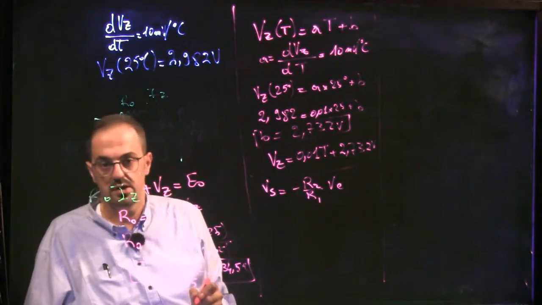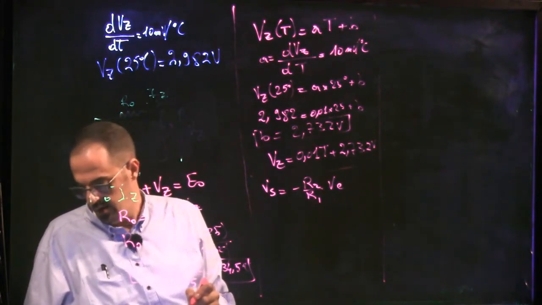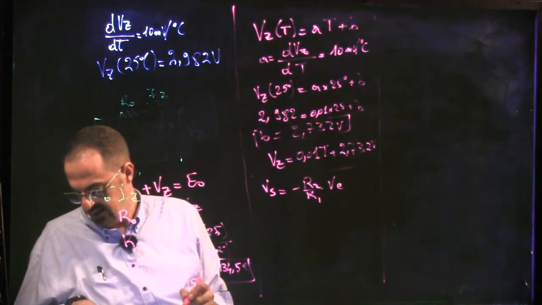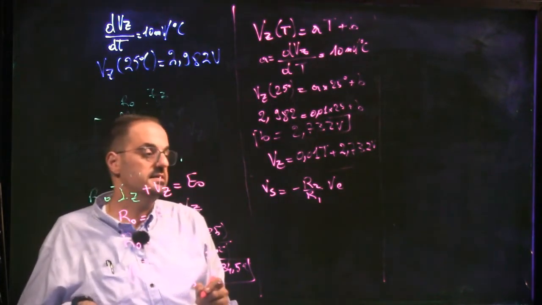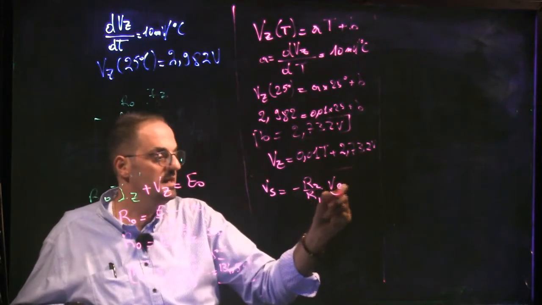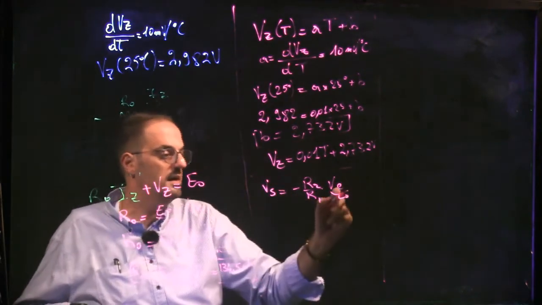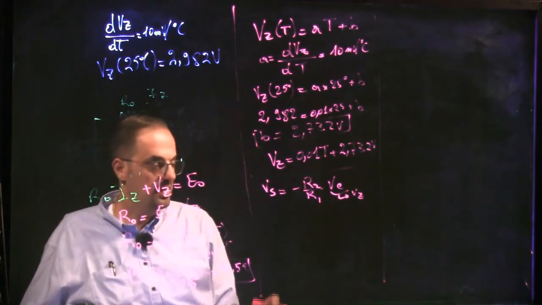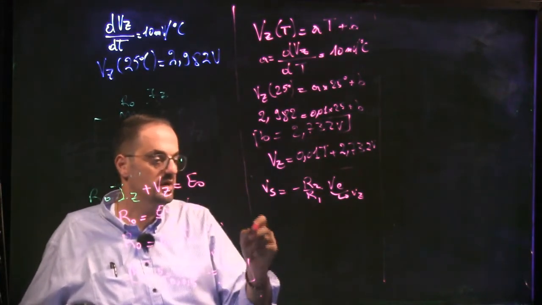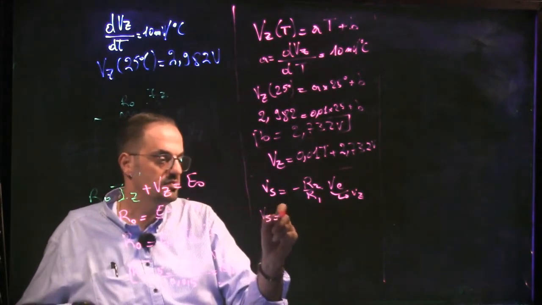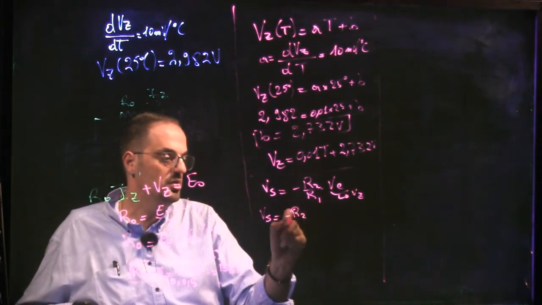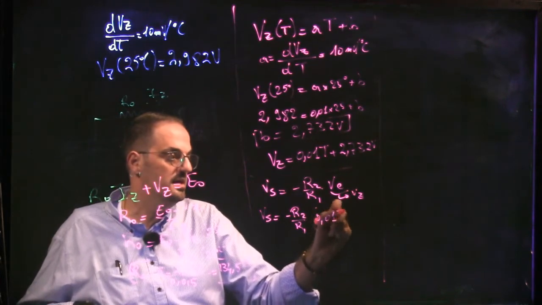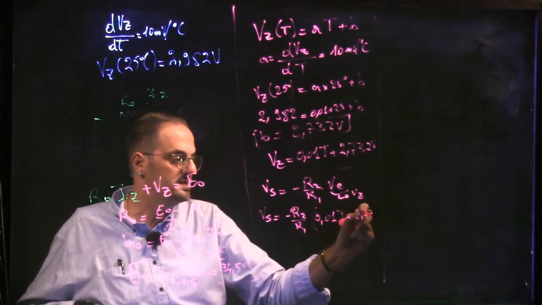Continuing with the second question, they tell you what happens if Ve is the output of the Zener diode from the previous question. In this case, Vs would be equal to minus R2 over R1 into 0.01 T plus 2.732.